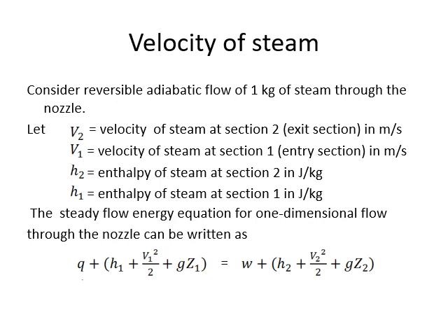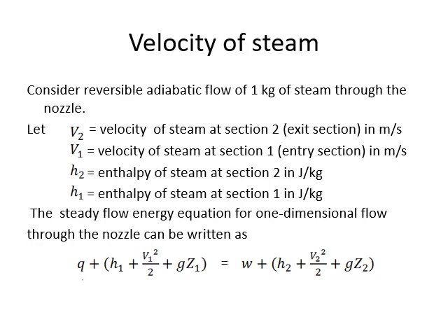Now we will apply the steady flow energy equation and derive an expression for the velocity of steam. Consider reversible adiabatic flow of 1 kilogram of steam through the nozzle.